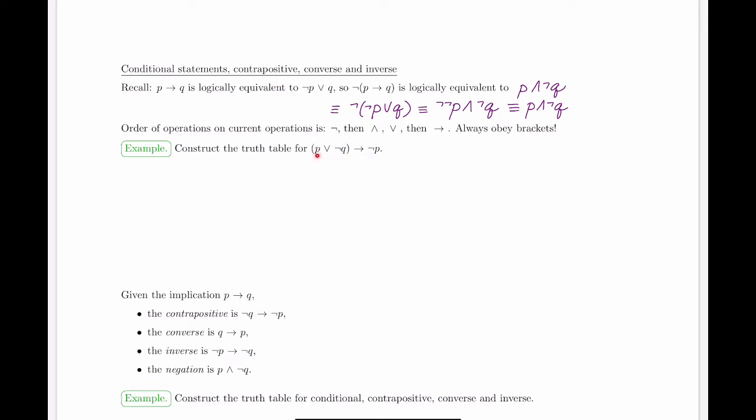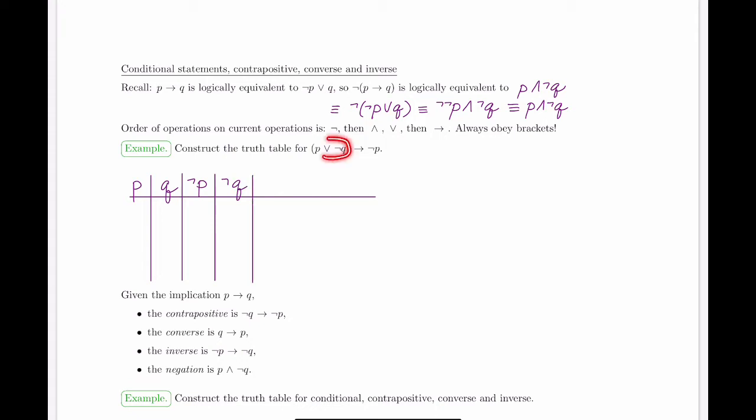Here we have the propositions P and Q in place, which means that my truth table will have columns for P and Q, and then, depending on what our expression looks like, we will fill in the following columns. In this case, I have not P and not Q, so I will have to include those two as columns, not P, not Q. Then, in the brackets, I will have P or not Q, so this is going to be one of my other columns.